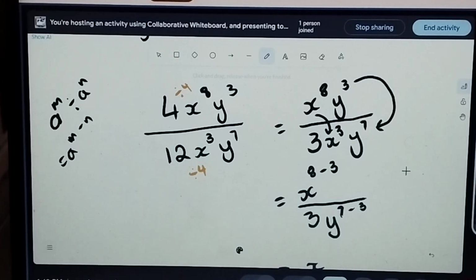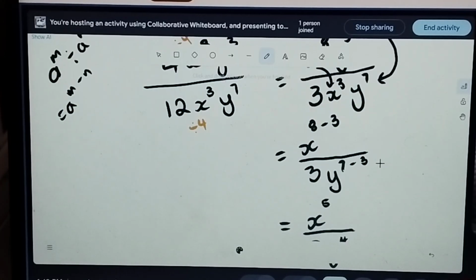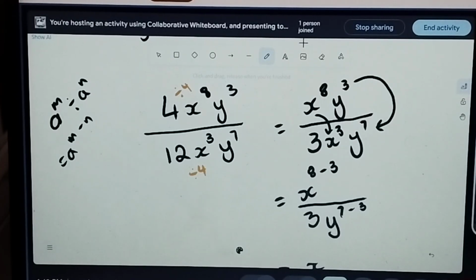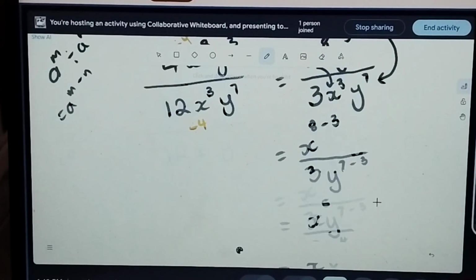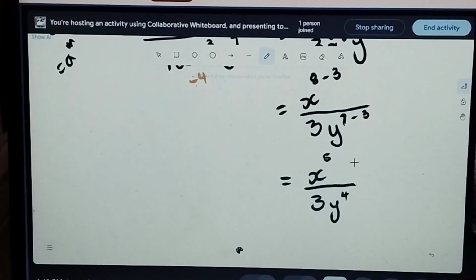What is that? 7 minus 3. Yeah. Okay, and that gives you? That will give me x to the 5, because 8 minus 3 is 5. The 3 is still sitting in front because the 3 is now just my coefficient. And then the 7 minus 3 is 4. So it gives me x to the 5, y to the 4.